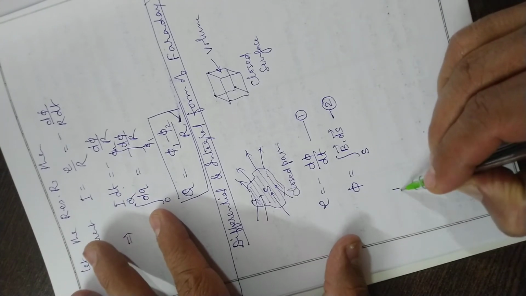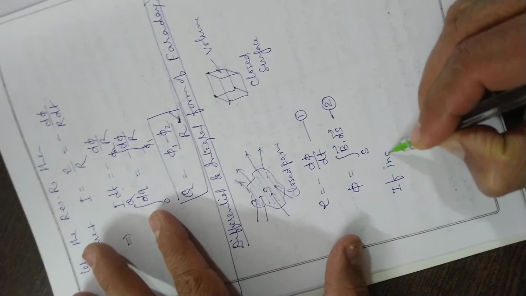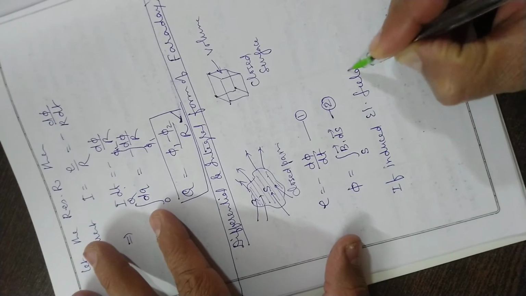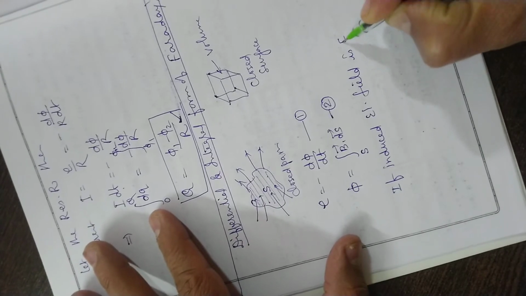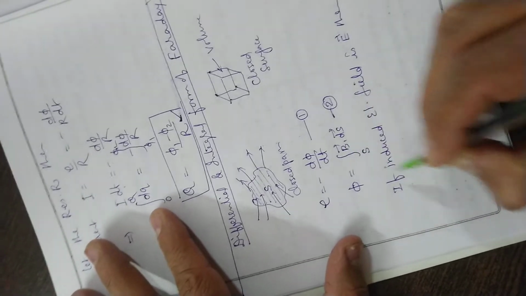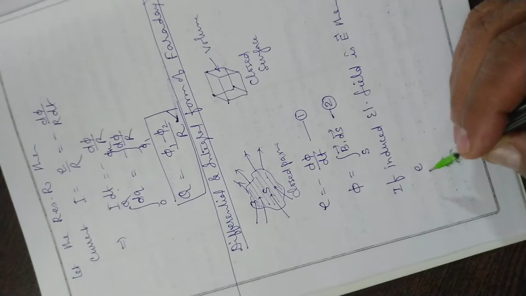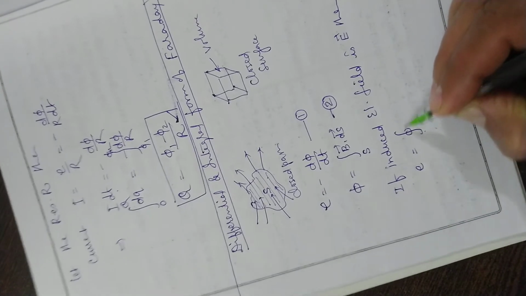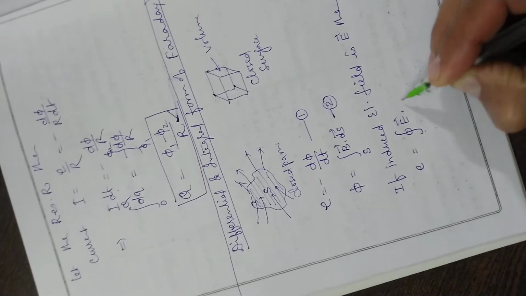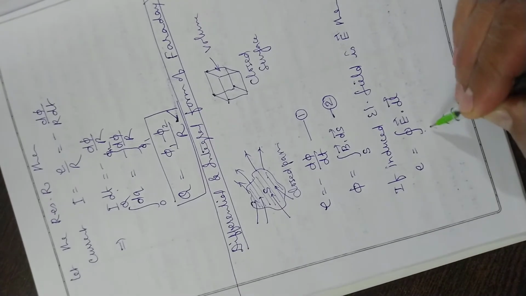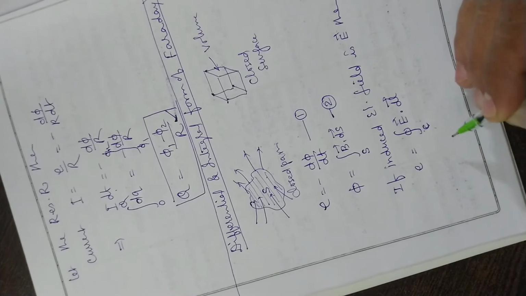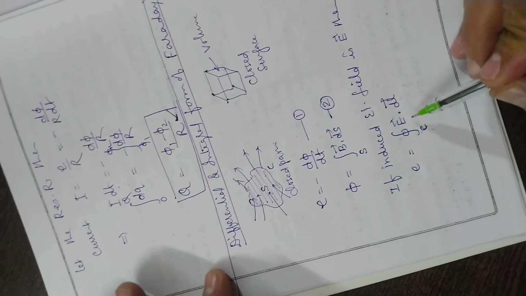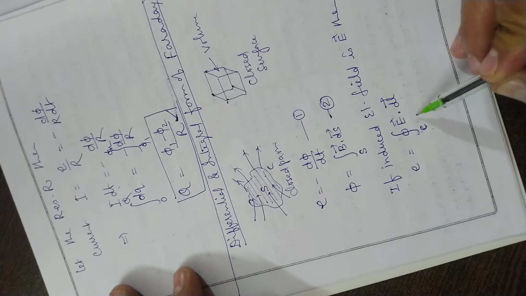So if the induced electric field is E vector, then E will be simply the integration of E dot dl over the closed path. E is the induced electric field.